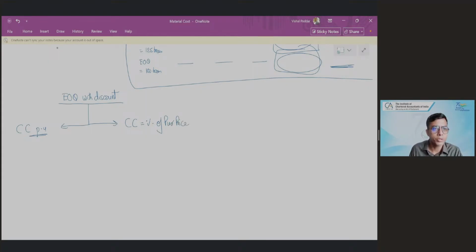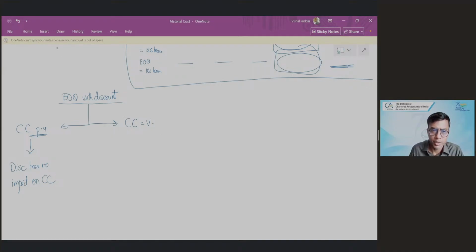Now, where carrying cost is given straightforward per unit, discount has no impact on carrying cost. Why? Because this carrying cost is given directly per unit.